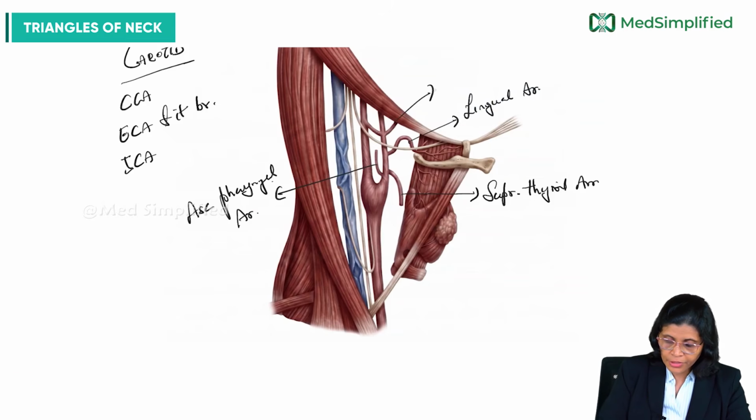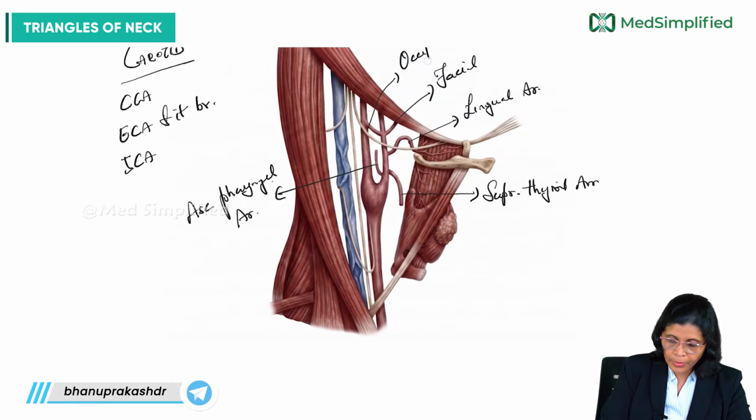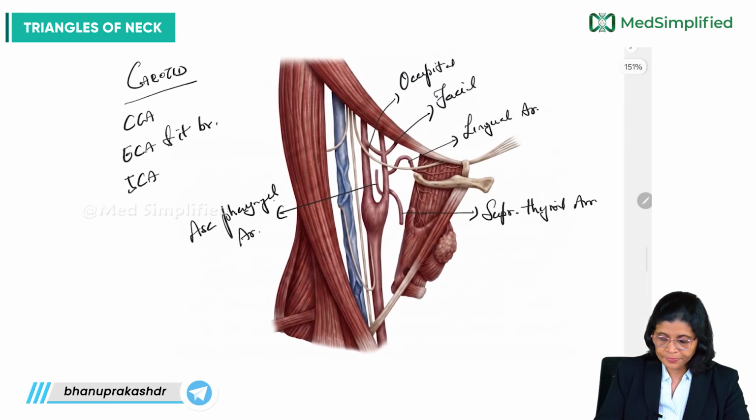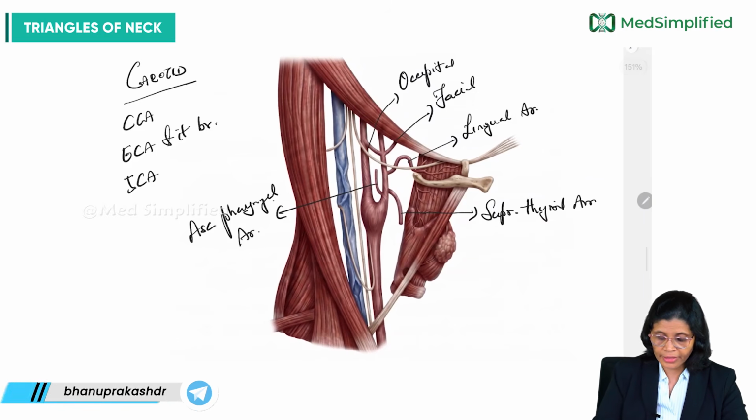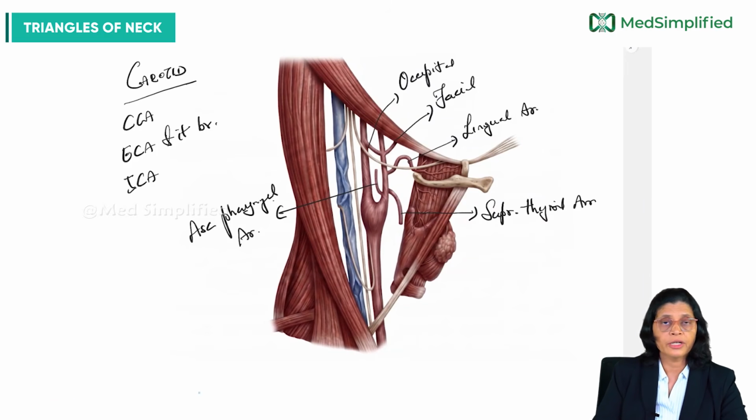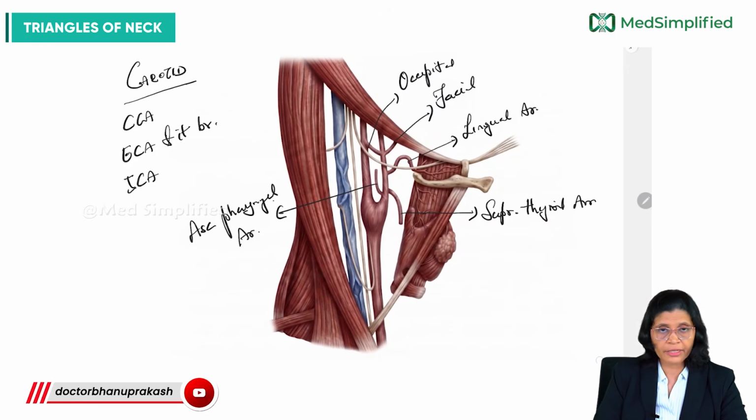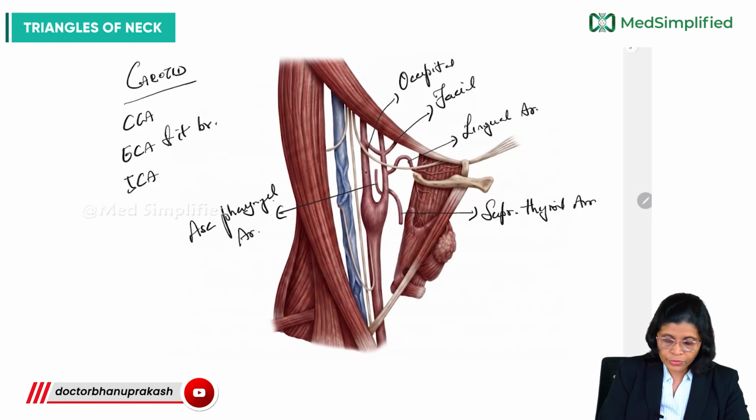This is the facial, and this is the occipital artery. So altogether there are about 5 branches of external carotid which we see in this region. Sometimes the lingual and facial artery will have a common trunk, which we call the linguofacial trunk. This is the internal carotid, and we also see the internal jugular vein.